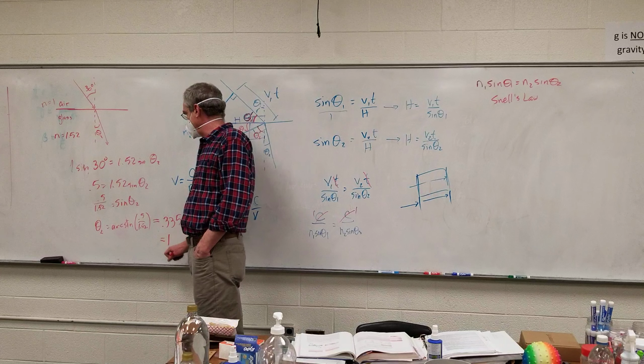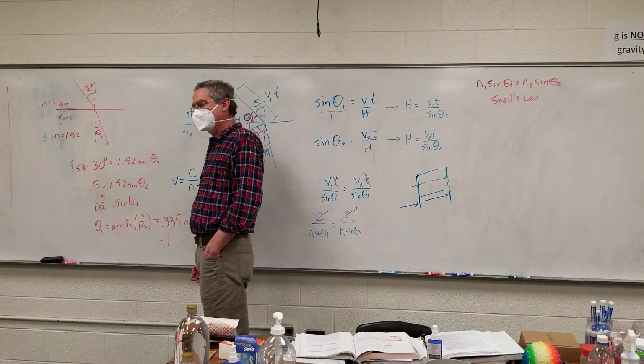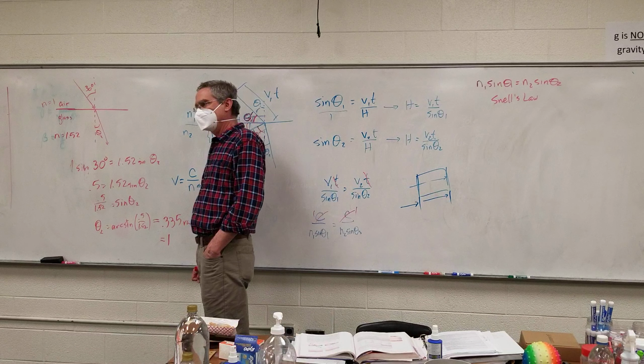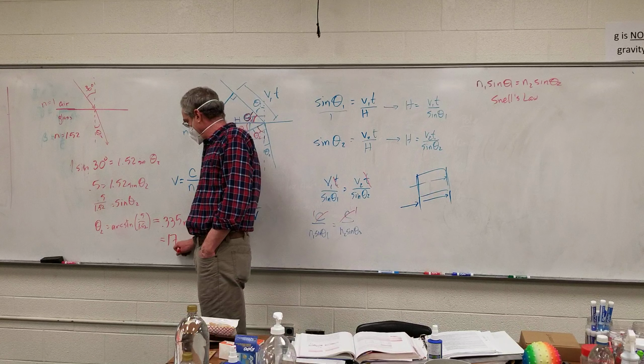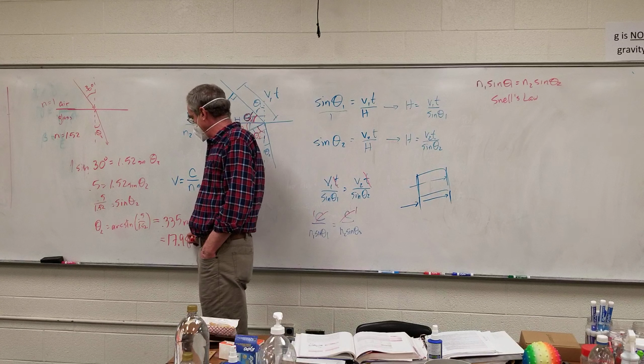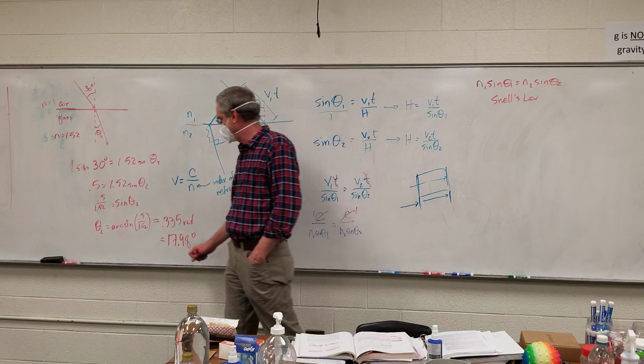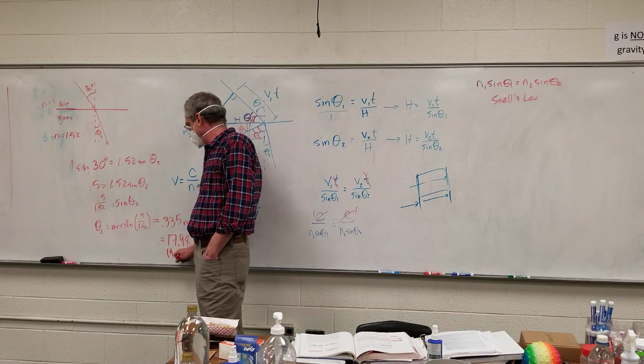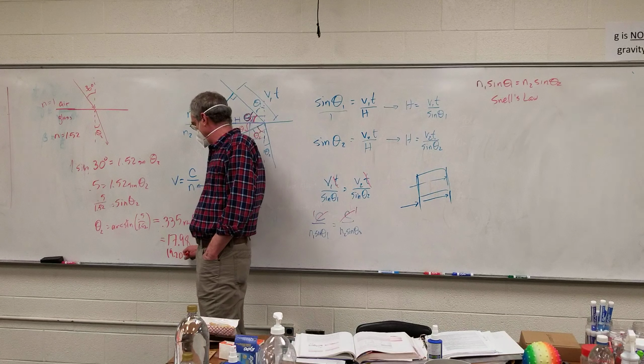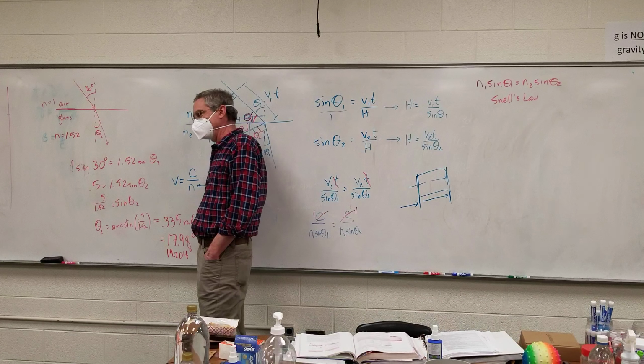Could be something under 20. 17.98 degrees. I got 19.204. I rounded, so I put 53.7. That seems like an awful big difference for just rounding. What rounding did you do?